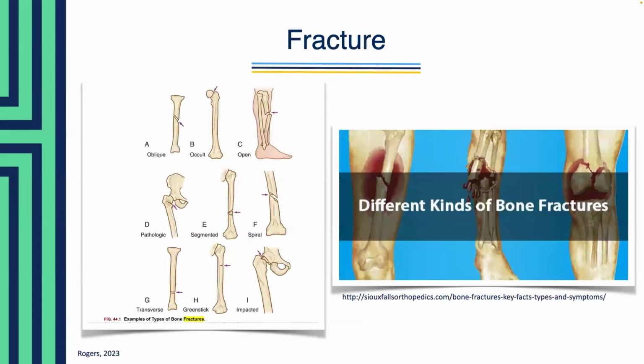All right, to go further into the pathophysiology of a fracture, we talked about it a little bit on the past slide, but injury causes disruption of the bone's cortex, the periosteum, and surrounding blood vessels, leading to bleeding and hematoma formation between the fractured bone ends and beneath the periosteum. Bone tissue adjacent to the fracture site dies due to the disrupted blood supply.